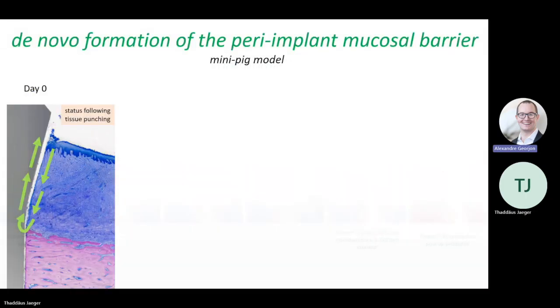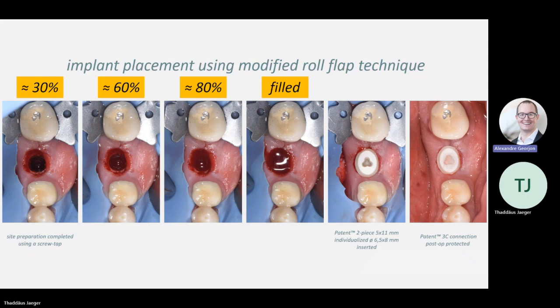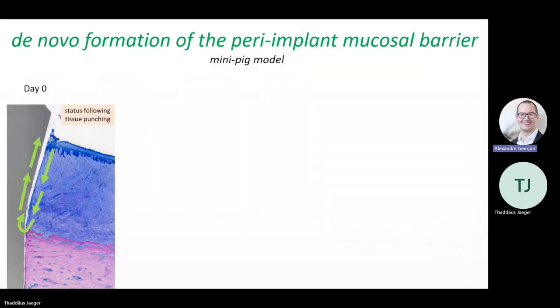And to give you a second insight into what may happen when we do these mini flaps or even a flapless approach with punching, what can we expect from the biological reaction here? That's a mini pig model we could conduct. The analytics were done at the University of Bern in Tony's lab, Dieter Bosshardt's lab, and we see what the idea would be. We have a closed condition. The shrinkage here creates a gap.